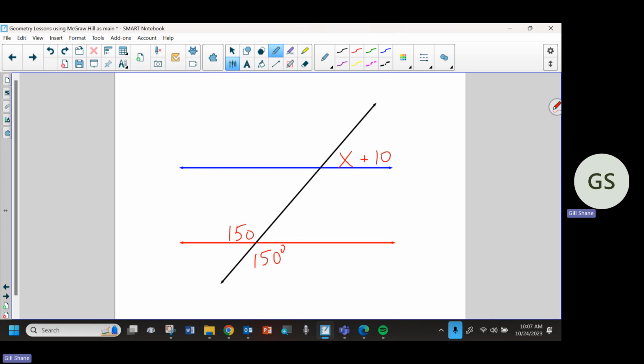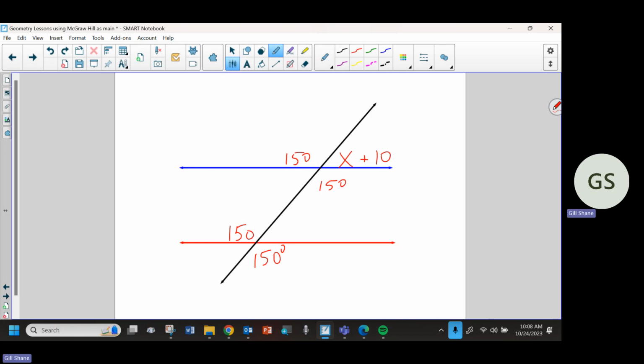The first one. That one. We could have said it was alternate interior also, because alternate interior would have been 150. So you could have put that 150 in a bunch of places.